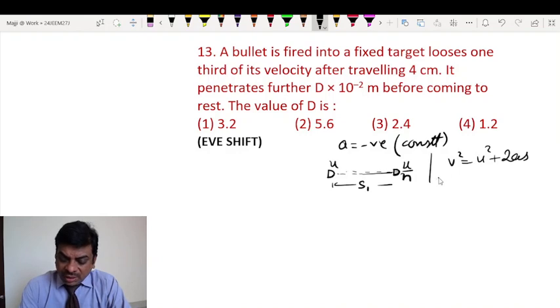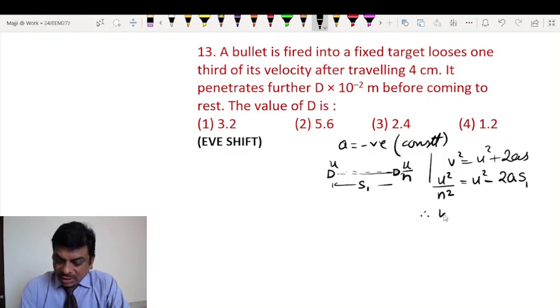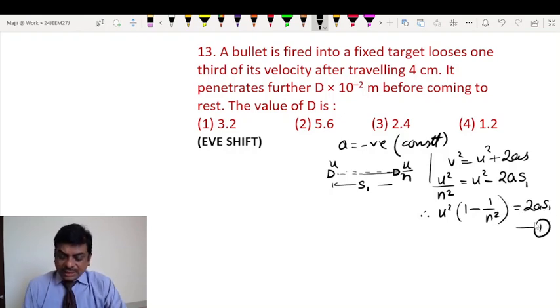Using this formula we can write u square by n square is equal to u square minus 2 into a, which is constant, into s1. So therefore I can write u square into 1 minus 1 by n square is equal to 2a s1. So this is equation 1.